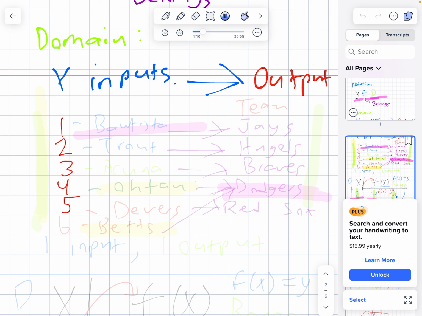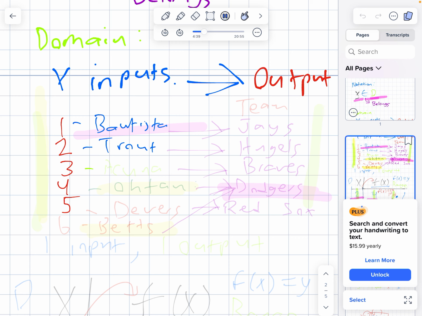And let's say 1 is Jose Bautista. 2 is Mike Trout. And in this case, notice how I'm not using numbers because a function really just assigns one input to one output. It may not even require us to use numbers. Let's continue.